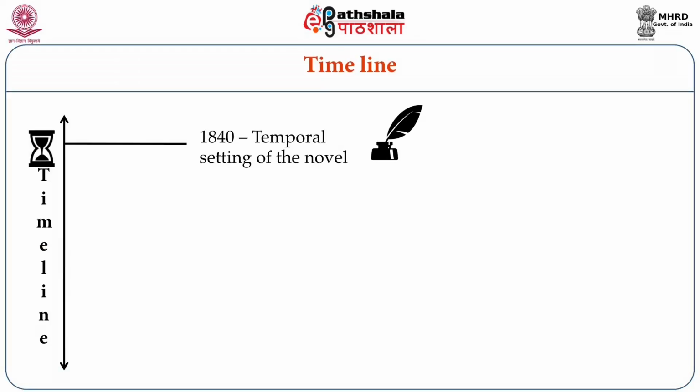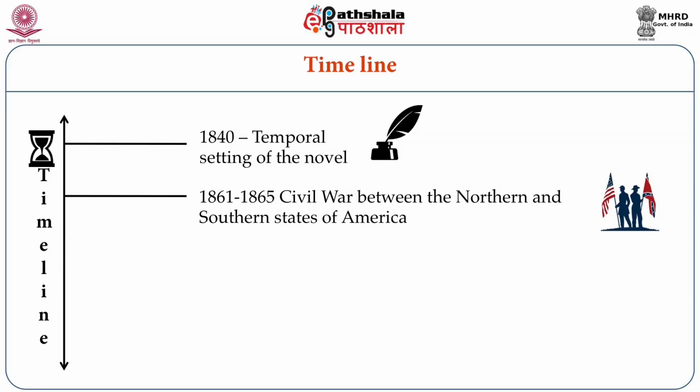About the setting of the novel, it's around 1840. 1840 is the temporal setting of the novel. The American Civil War was fought between the northern and southern states of America between 1861 and 1865. It's the Civil War to which we have referred time and again because this is an important landmark in the history of America.